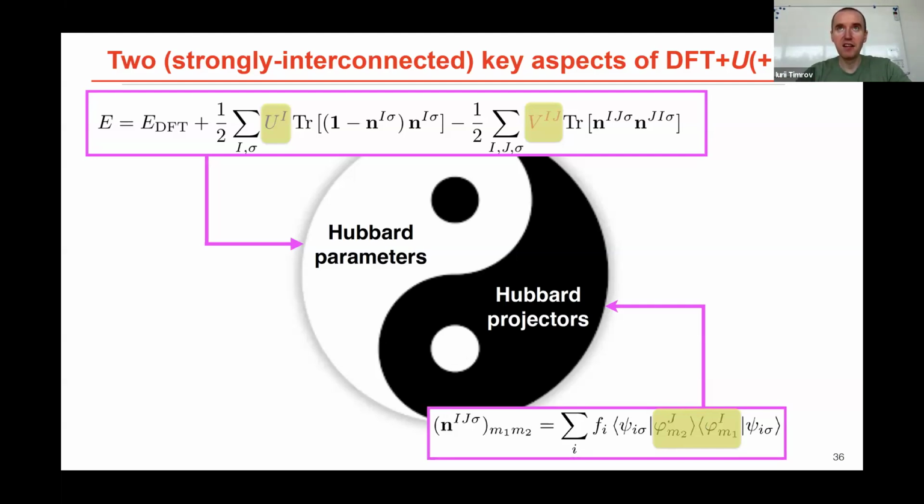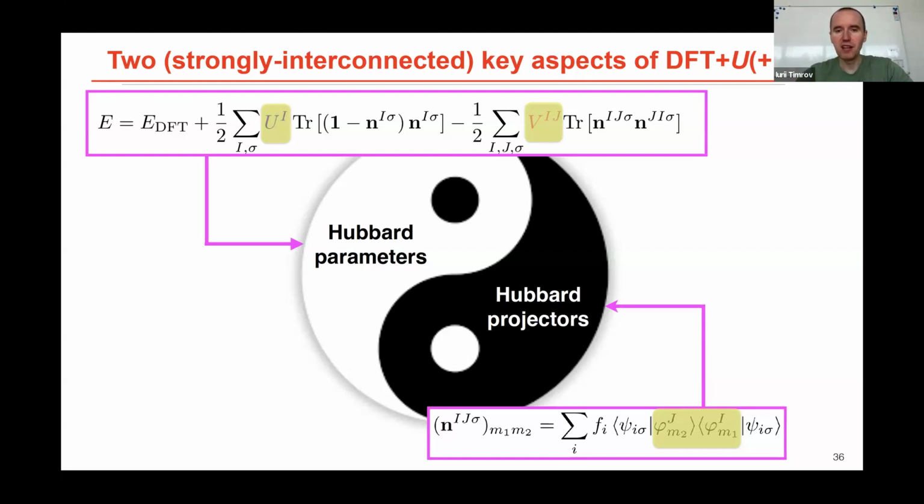It's very often happening that somebody publishes a paper with DFT plus U using, let's say, VASP, and reports a value of U, let's say 6 electron volts. But then someone takes another code, Quantum Espresso, and says, oh, in that paper they use 6 electron volts, so I will use the same value. But that's wrong, because they use a different code and different projectors.